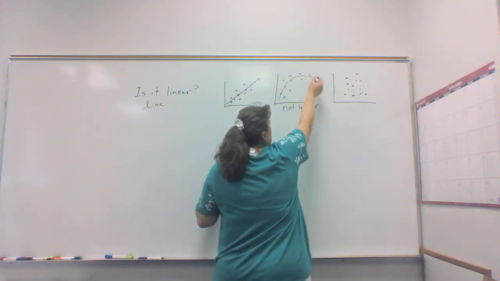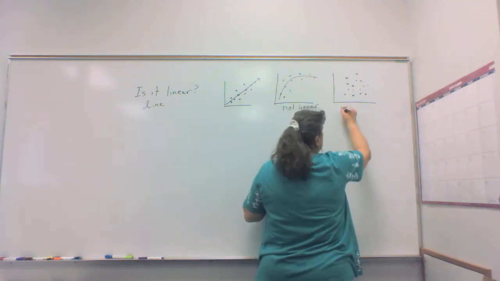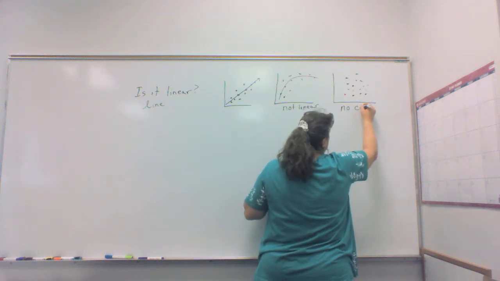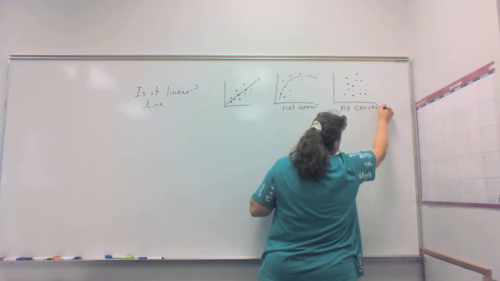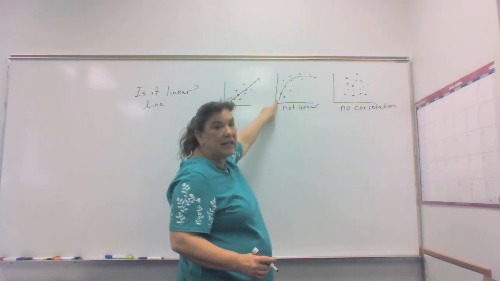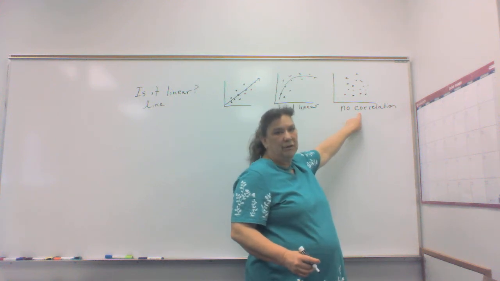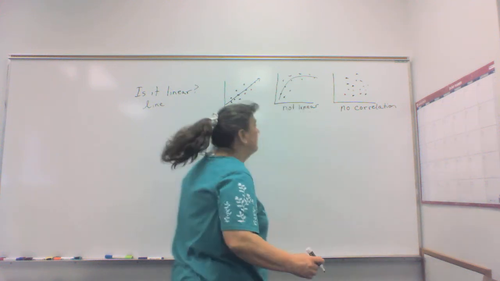The curved one would be a correlation, but it's not a linear correlation, whereas this one is no correlation. So there's a little bit of difference between the two. This one is a non-linear correlation, and this has no correlation at all. So that's one of the differences.